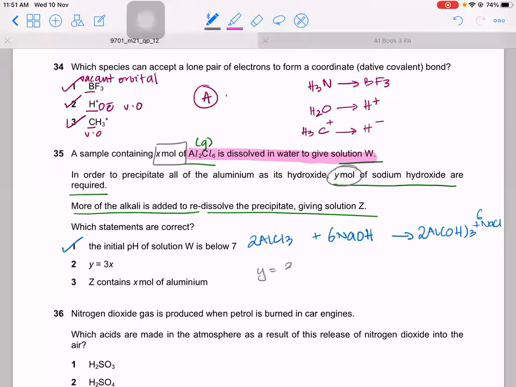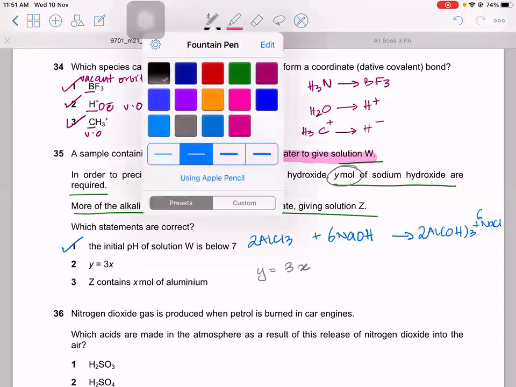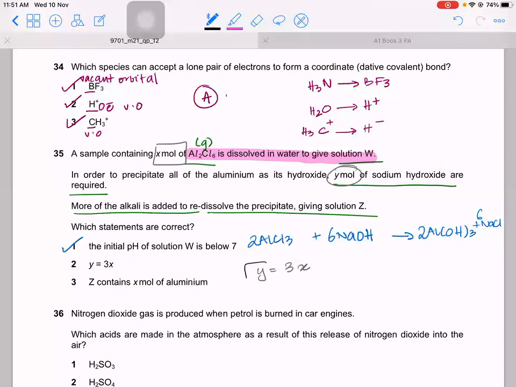Let's take Y to be 1 mole of Al2Cl6. How many moles does it give you of AlCl3? 2. And when 2 moles are given, how many moles of NaOH are required? 6. So Y is not equal to 3X. It's actually equal to 6X.